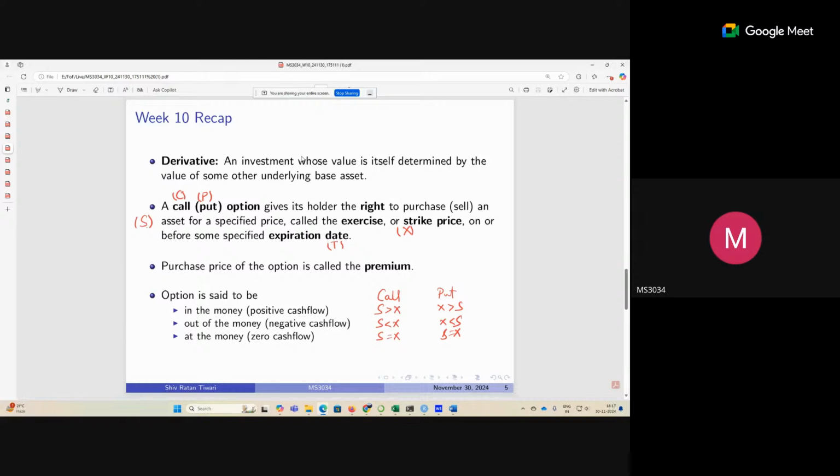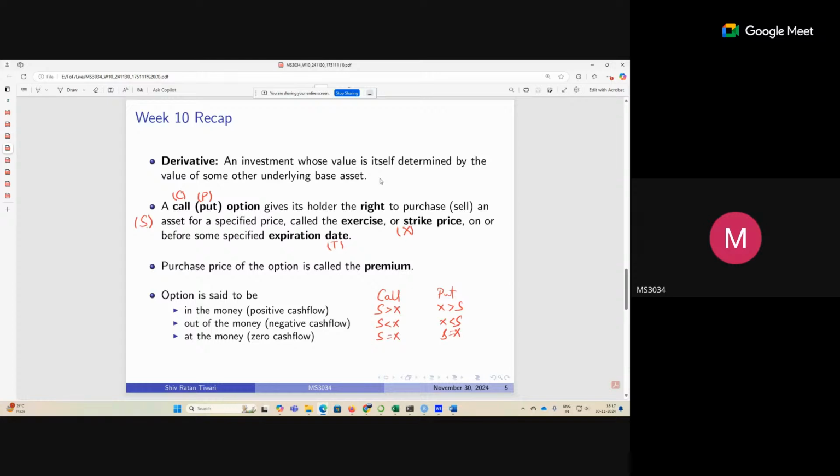A derivative is an investment whose value is determined by the value of some other asset over which it is defined. For example, there are several derivative products like forwards and futures, which we have not covered in this course, but in week 10 we discussed options. So what is an option?